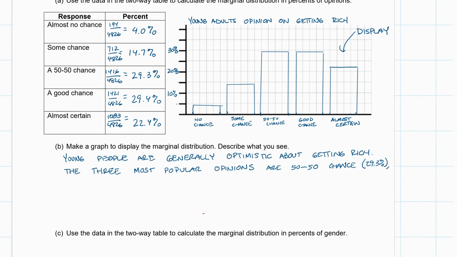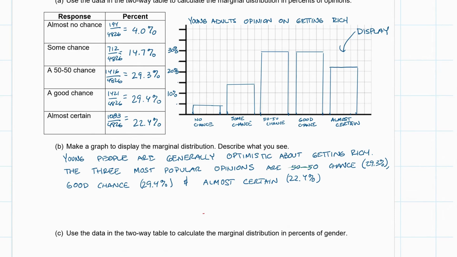Good chance, and that's at 29.4%. And almost certain at 22.4%.